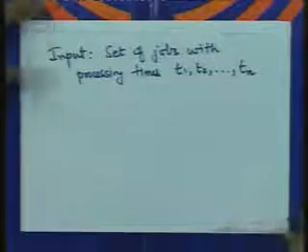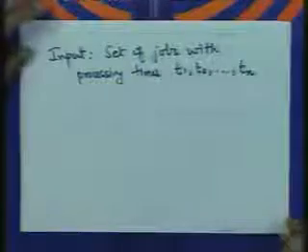There are n jobs and they have processing times T1, T2 up to Tn, right? There is a single processor. Okay, you have one processor and you want to schedule these. So obviously you will schedule them one by one. There is no preemption. In fact, in all our scheduling problems that we have taken up so far, there is no preemption. So you cannot stop a job in the middle. You allocate the processor, it runs to completion, right? So you want to schedule this on one processor, no preemption.